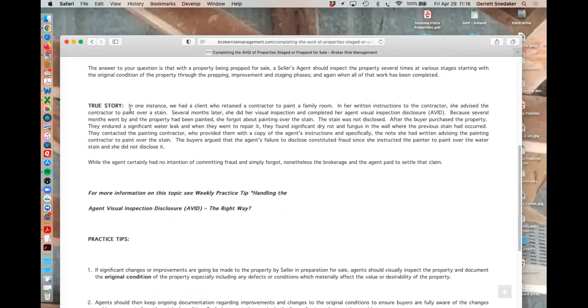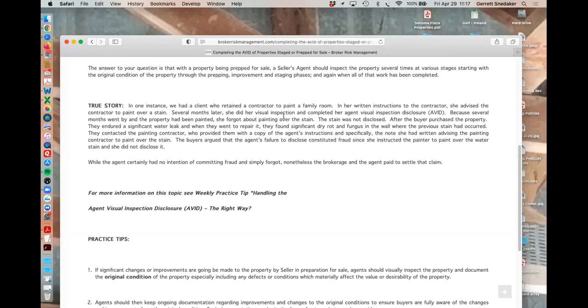This was a true story. The client retained a contractor to paint the family room, and there had been a stain on the wall. Nobody knew what it was from, but there was a stain. The listing agent helped arrange with the contractor and said, make sure you paint over the stain on the wall. So they did, and then the property sold.